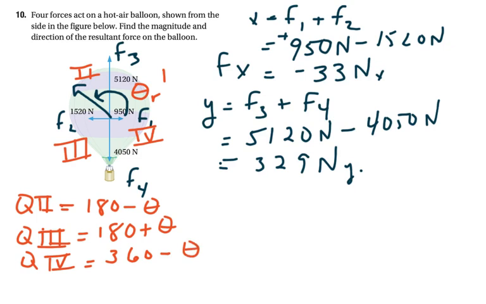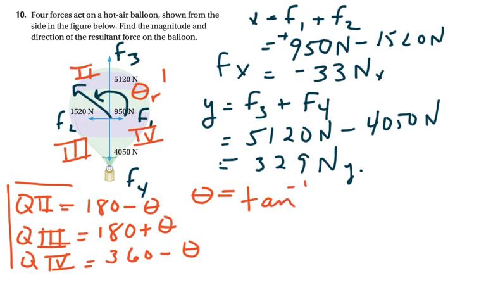So let's find our angle. And if you're going to use this system, you've got to use the absolute value of whatever components you have. Otherwise, you can end up with negative signs, and it gets really confusing in a hurry.